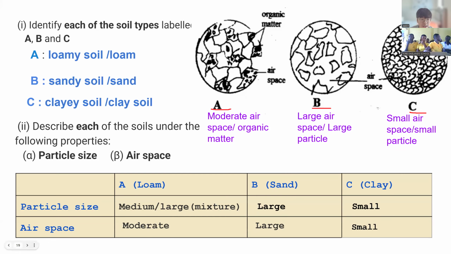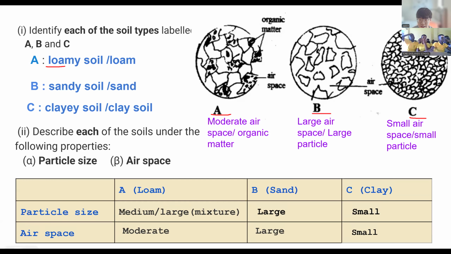So A is called the loamy soil because it has a mix of organic matter and a mix of large particles. Always remember the loamy soil means a mixed soil. But yeah, you're right that B is the sandy soil.